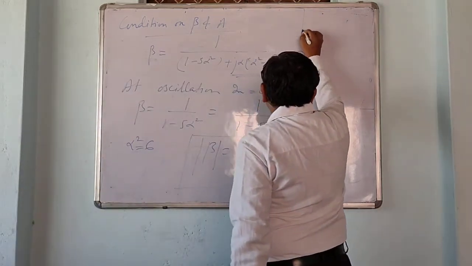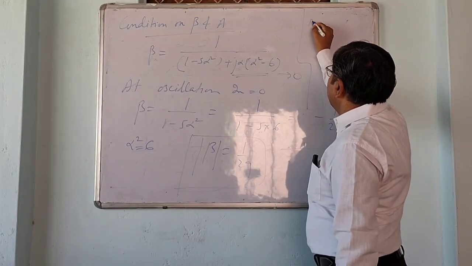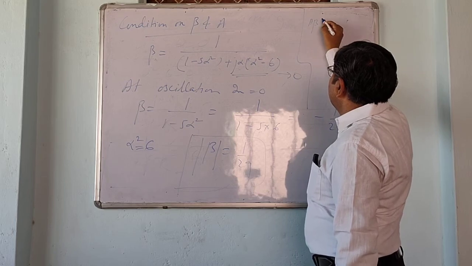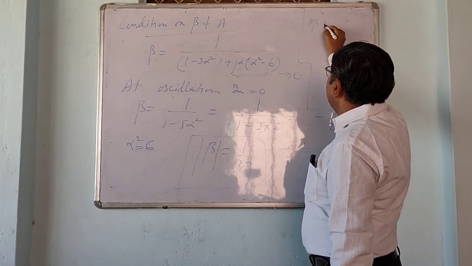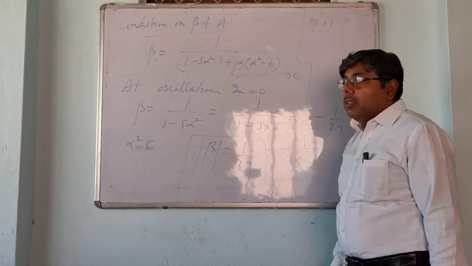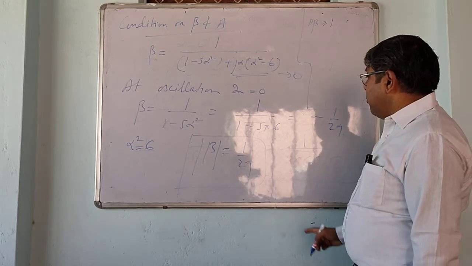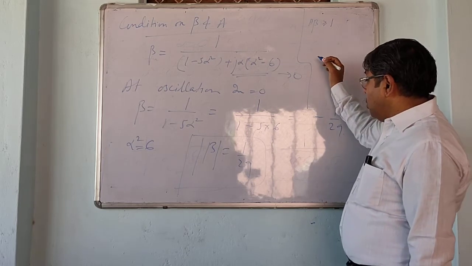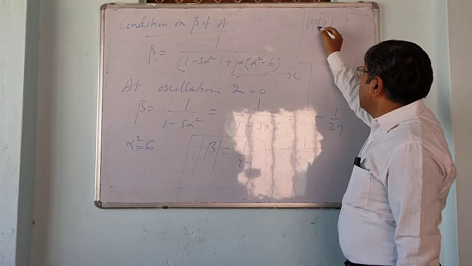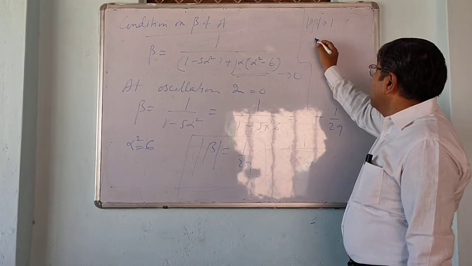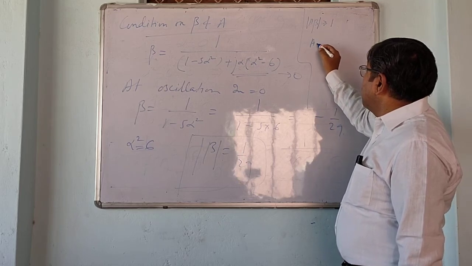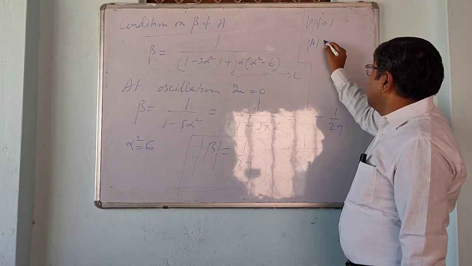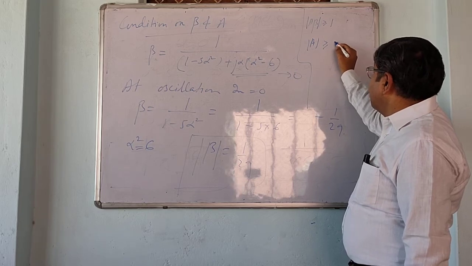And what about A? Since A beta is greater than or equal to 1, this is the condition. And from here, when the magnitude of beta is 1/29, you can say the magnitude of this is greater than or equal to 1. So the magnitude of A must be greater than or equal to 29.